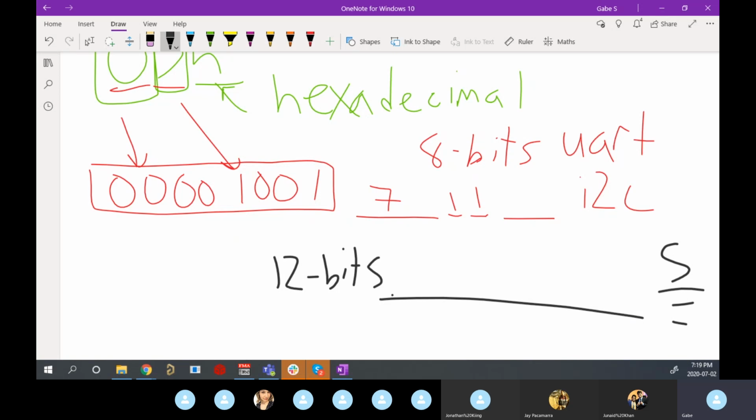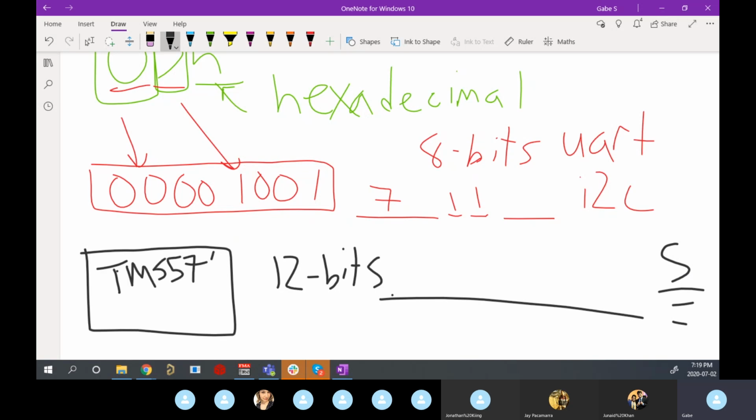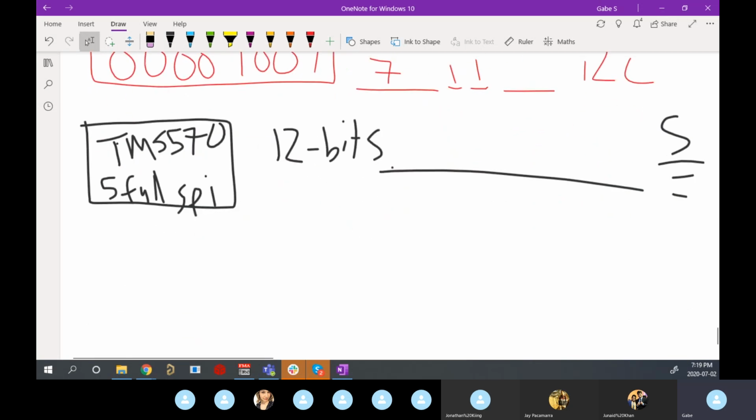How many chip select pins are on the average SPI interface? I think in the TMS570 on the VCU, there are about 5 different actual SPI peripherals. You have 5 full SPIs. Some of them are special too. And then each of these, actually not all of them, but some of them have 2 to 3 chip selects.